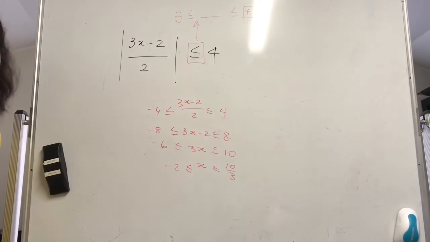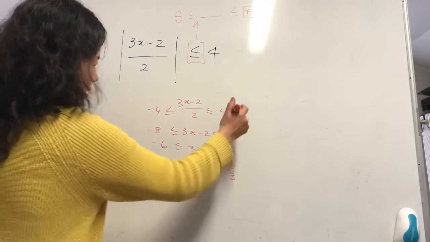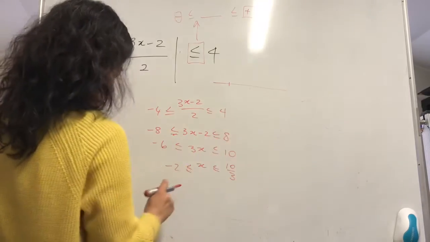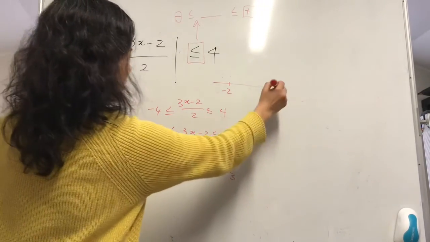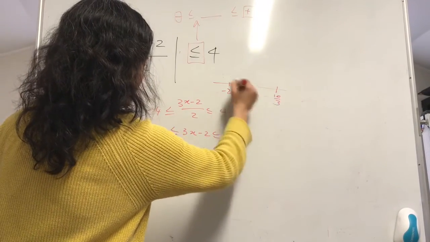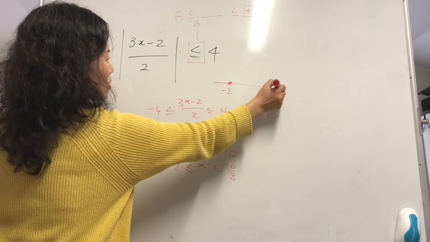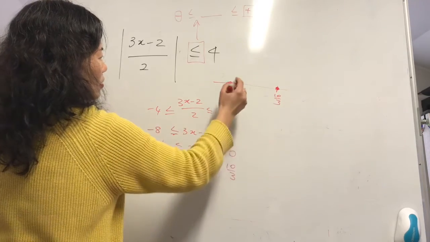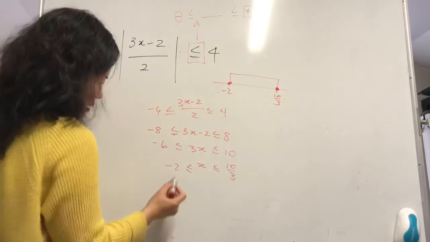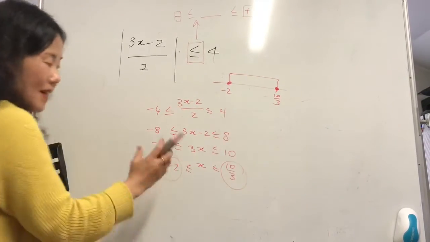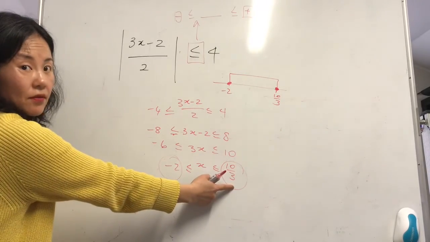Is that right? Now, when you do this, all you've got to do is minus 2 here and 10 over 3. And because it's equal to, it's going to be a closed dot, a circle there. And it's in between. The maximum number you can go is 10 over 3.